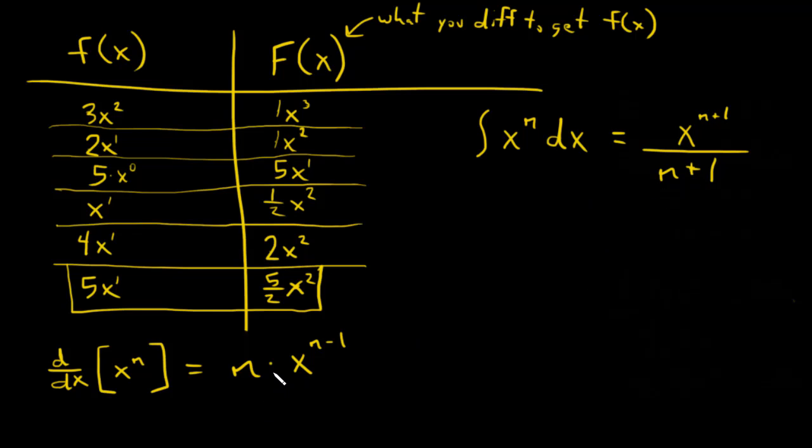I'm going to look at the order. When I differentiated, I multiplied, so step 1 was multiply by the exponent, right? Step 2 was subtract from the exponent.